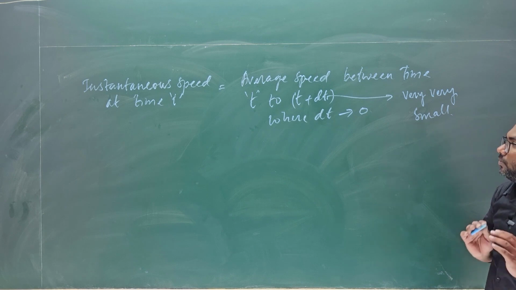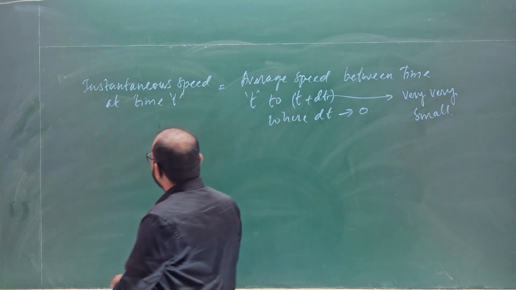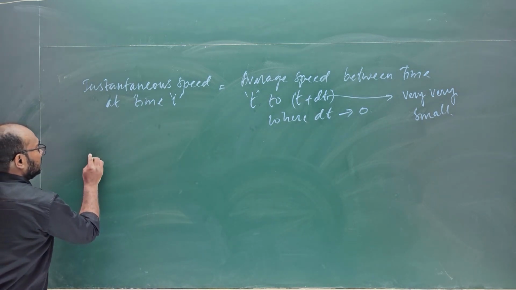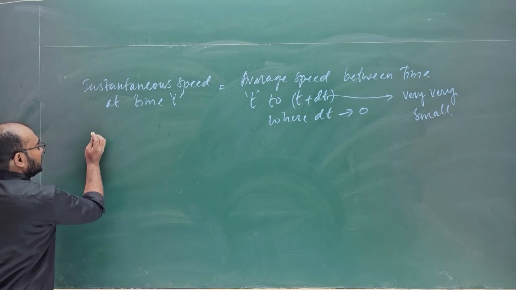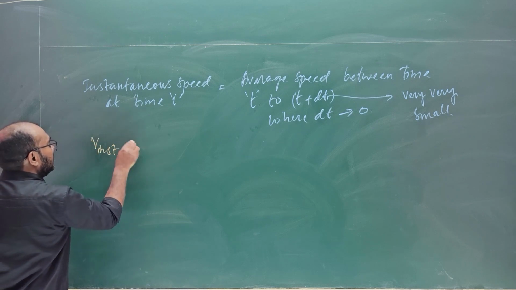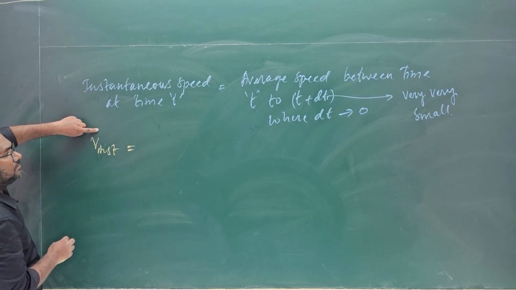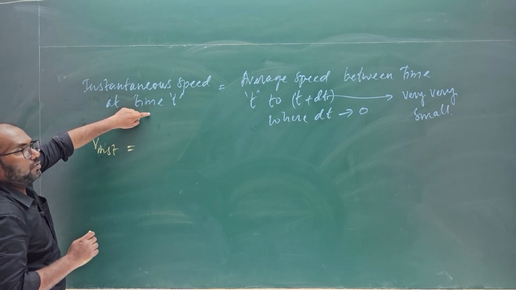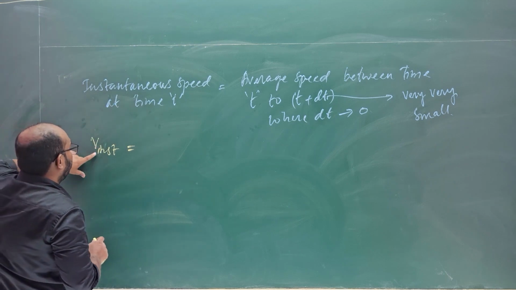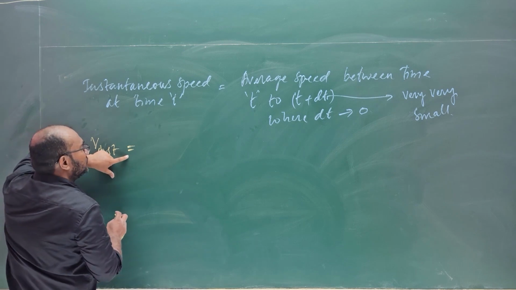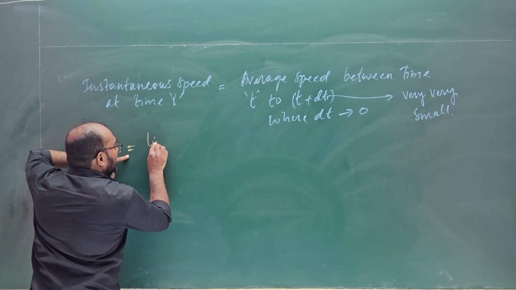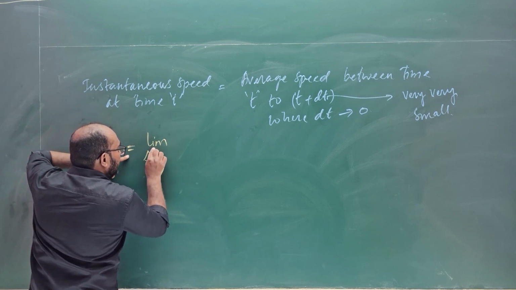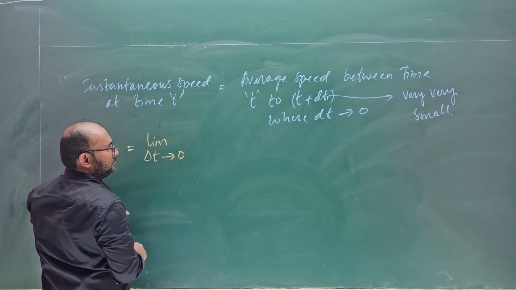Understood? Okay. Now, how to write this mathematically? That means V instantaneous, either speed or velocity, whatever it may be, everything remains the same for this one. Only the direction changes. Now V instantaneous is equal to, can I write limit delta t tends to 0?